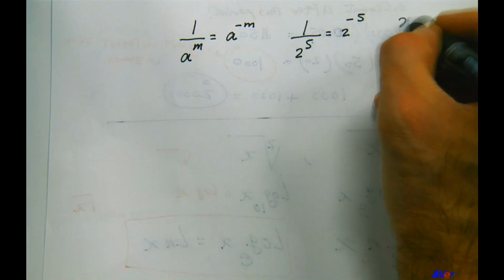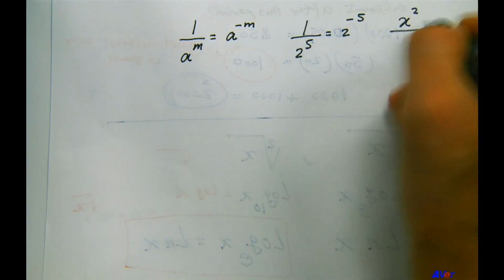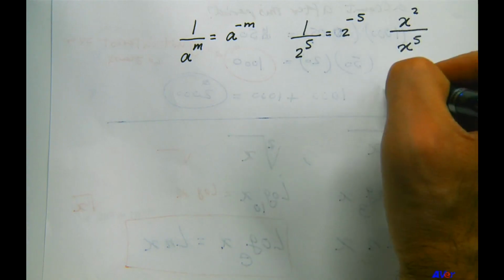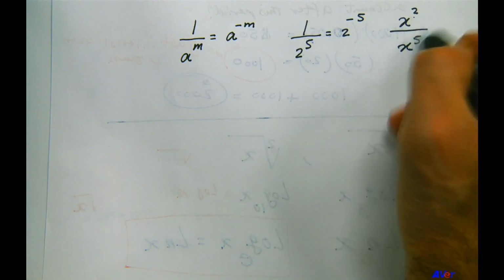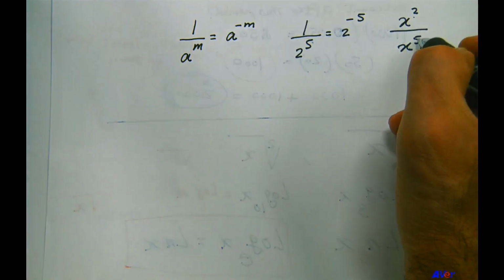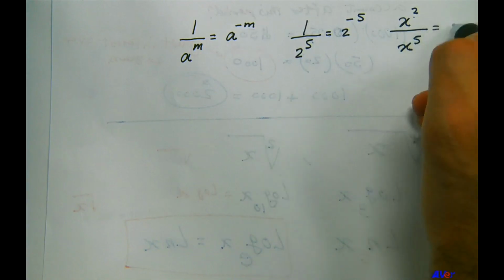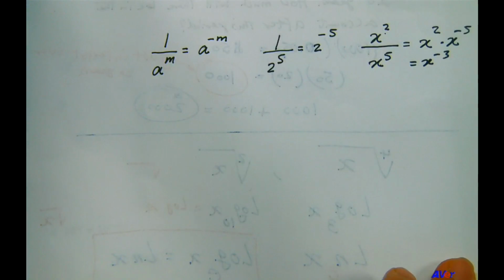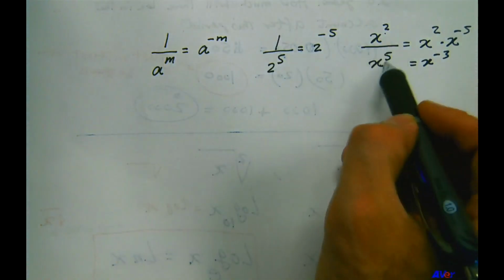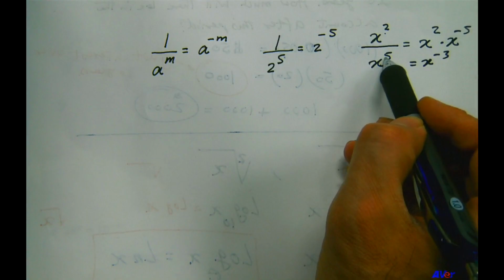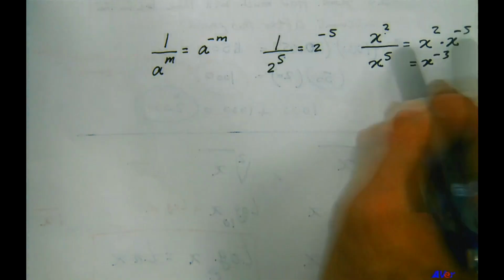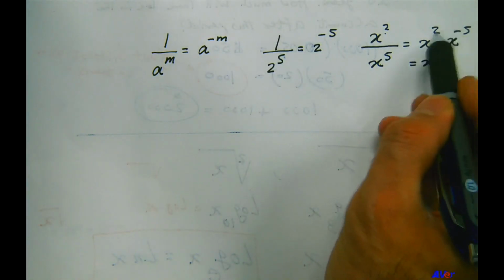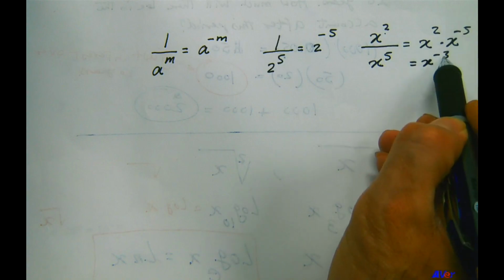So, for example, if you have x squared and x to the 5th, right, you can either move this up and make it negative. You can either write it like this, like that. You can either move this up and change the algebraic sign from positive to negative and then multiply the bases, which means the powers get added.